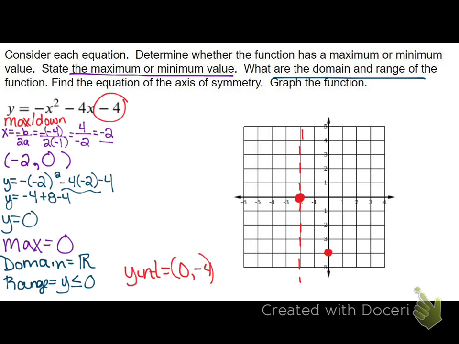Maddie, what did you get? Something on the side, 2. So you went over 2 more from the axis like that? Yeah. So what would that ordered pair be? -4, -4. Good. And then we graph it. There we go.